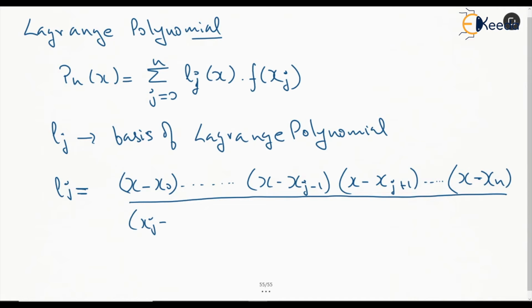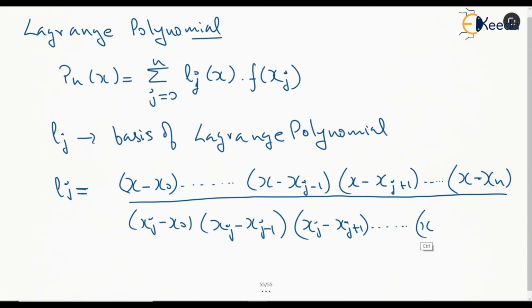xj minus x0, xj minus up to xj minus x(j minus 1), and then continuing from j plus 1, xj minus x(j plus 1) and up to xj minus xn.